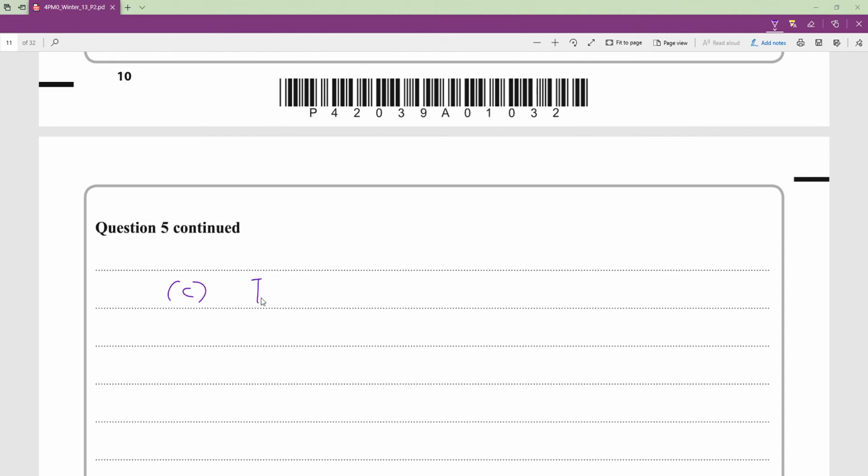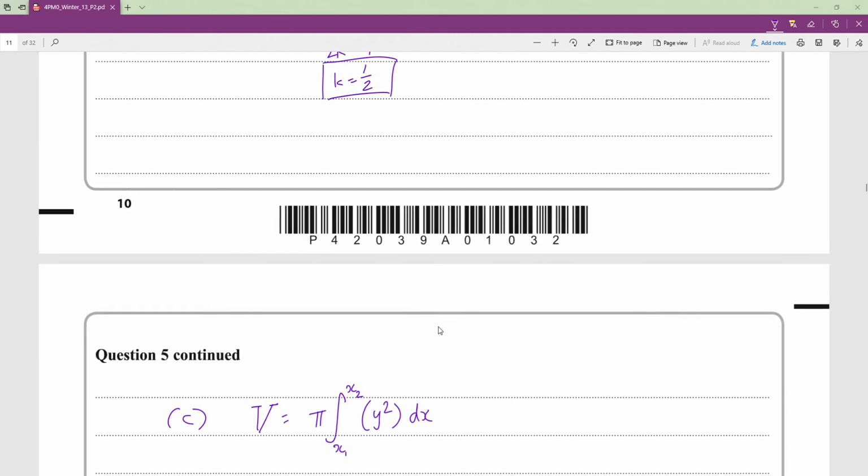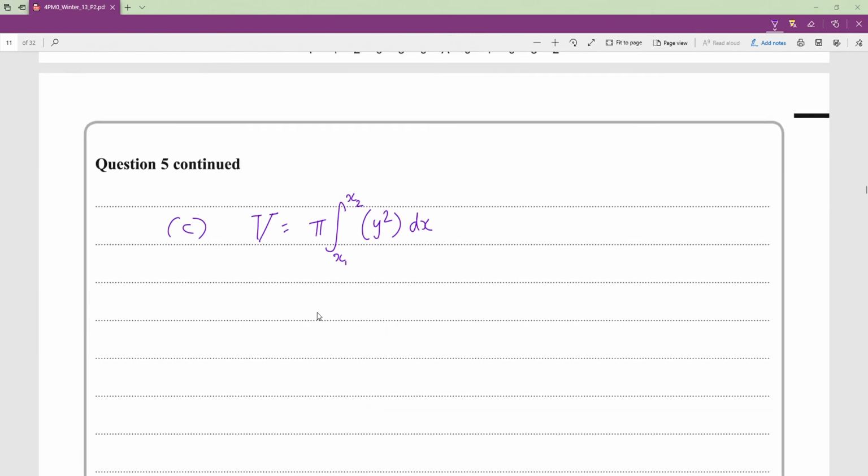We have our volume of revolution formula equipped to help us. V is pi times the integral from point 1 to point 2 of y squared dx. Let's see what we can do.